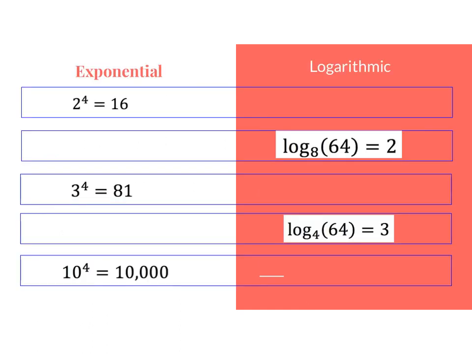For your assignment today, we're really just going to focus on switching forms from exponential to logarithmic. You're going to take this function, again, identify what is your base, what is your power, what is your solution. So base, power, solution.